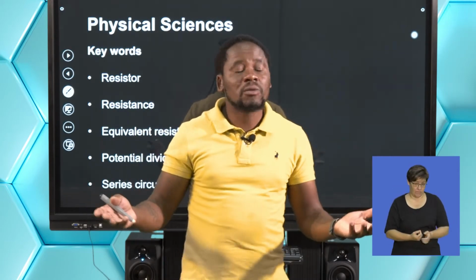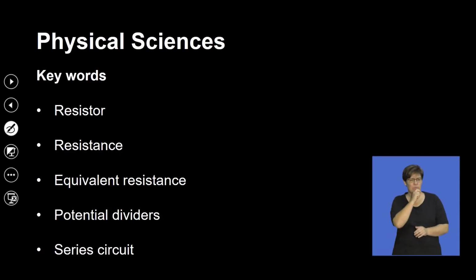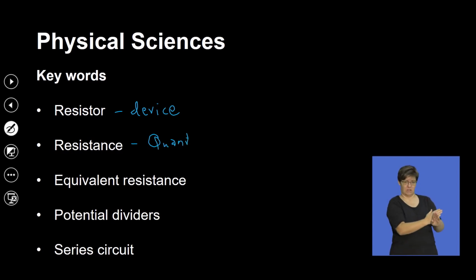What are some of the keywords that we're going to use once too often today? A resistor, which is actually a device. So a resistor is a device or an electrical component, while resistance is a quantity, a very important distinction between the two. You need to be able to differentiate. So a resistor offers resistance.